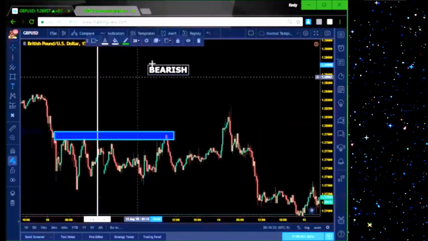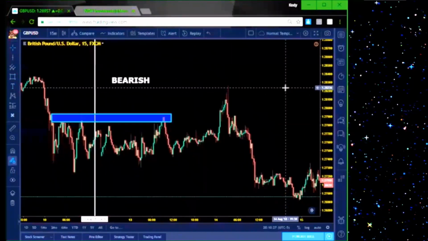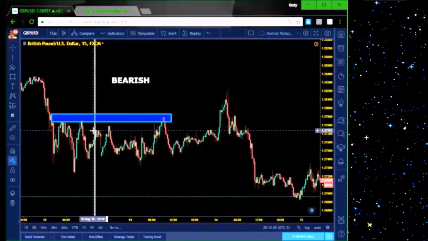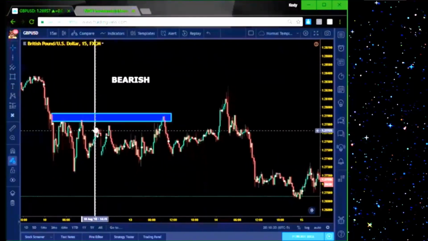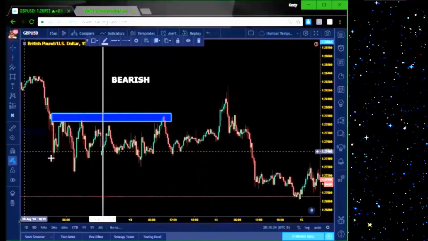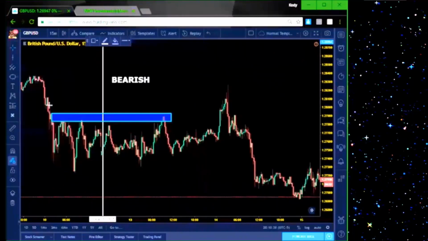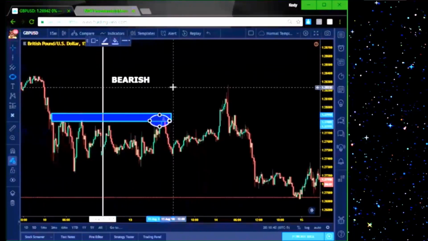So bearish market conditions, which means everyone should have been doing what? Selling, right? So first thing I noticed going into the week was everyone should have been looking for sell trades from this area right up here, which is where our main structure was at.